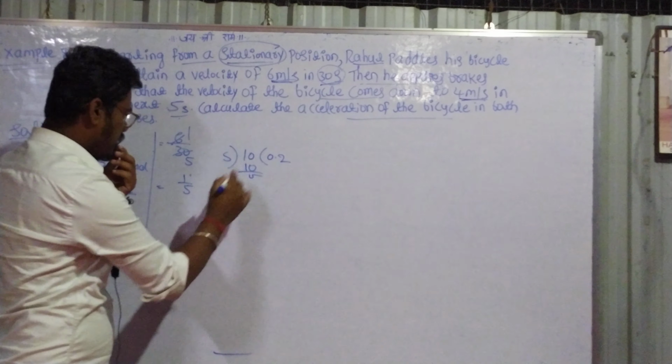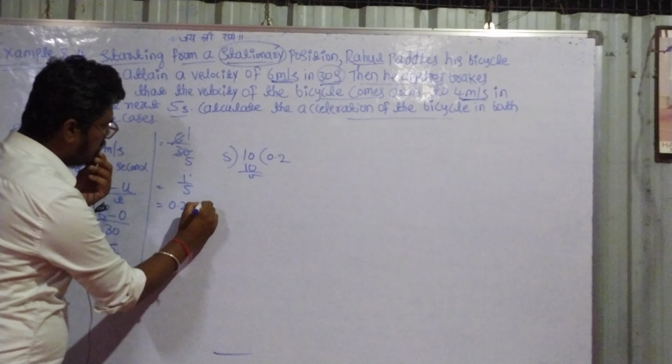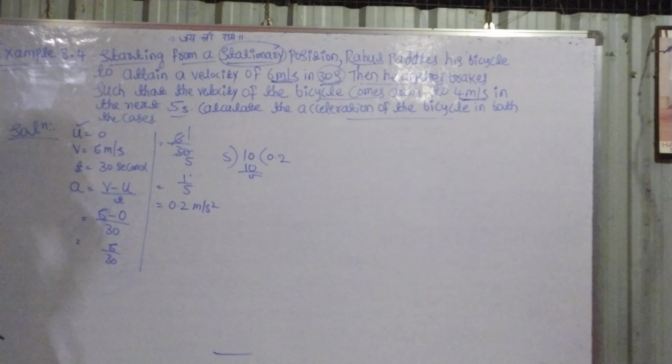So the answer is 0.2 meter per second square, the acceleration of the bicycle.